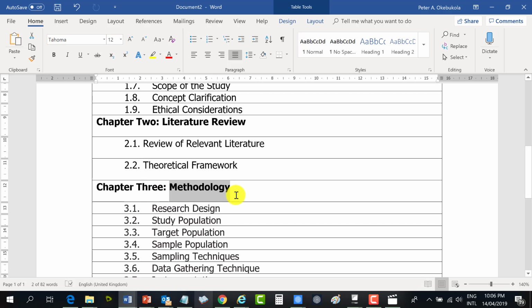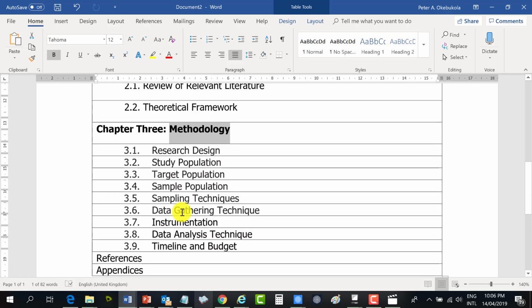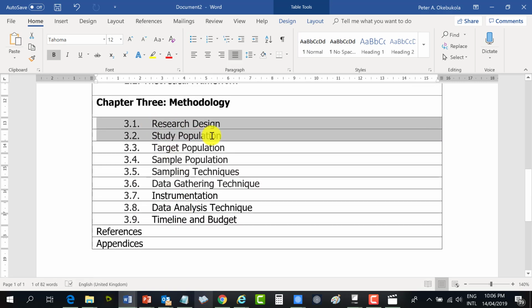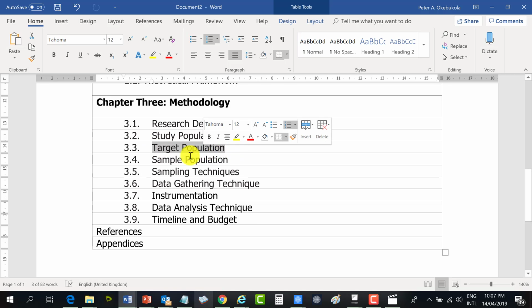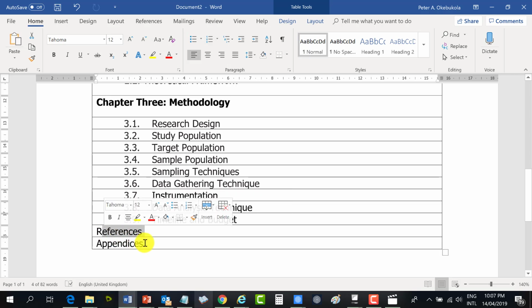Methodology. So you have the following sections: research design, the population, the sample, target population, study population, sample population, the techniques for sampling, the data gathering technique, the instruments you use, how you analyze the data, and the timeline. And then you put your references and the appendices.